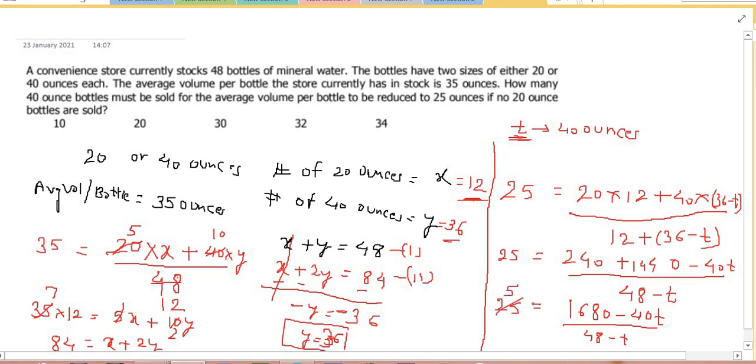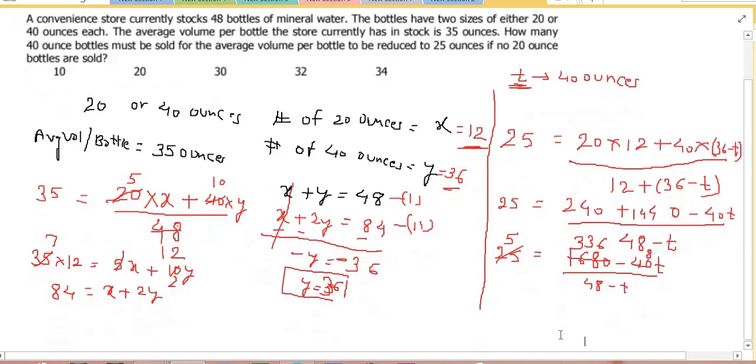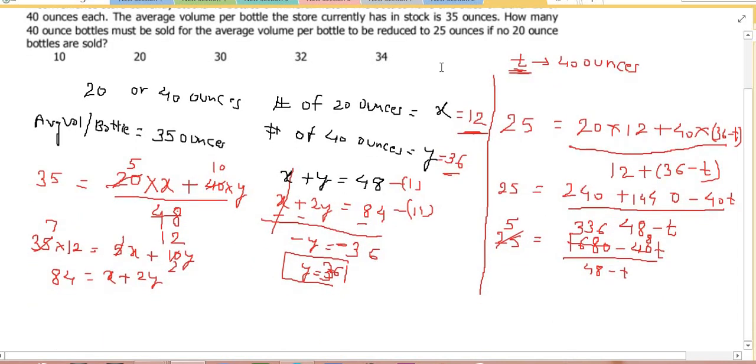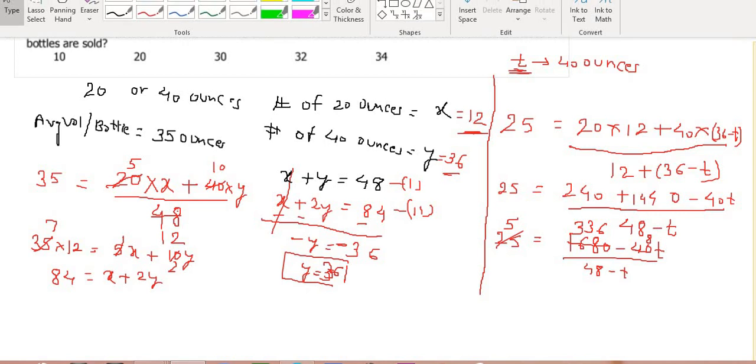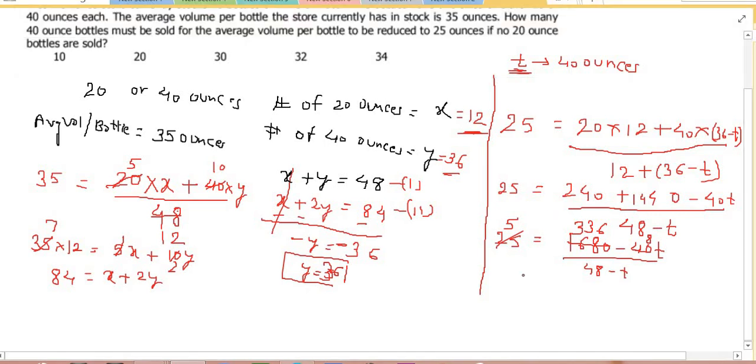If you divide this number by 5, you will get 336, and this number will be 8 here. Let me recheck, 3, 3 and 6.